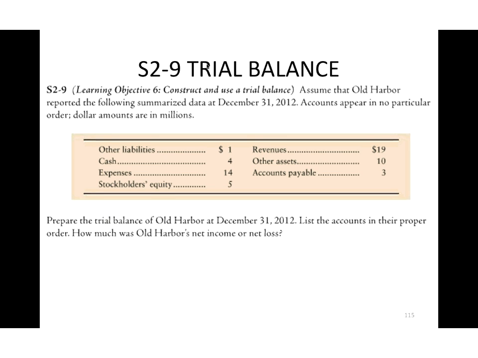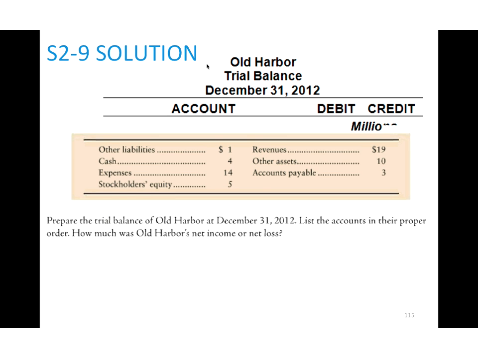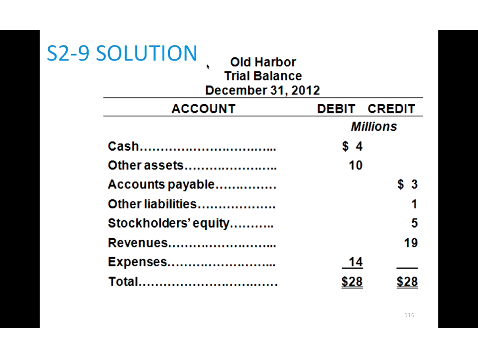Okay, 2.9, I'm not going to go over it right now. Oh, okay, well I will. 2.9, the solution is here. 2.9 is a list of accounts. I just want to show a trial balance. The trial balance lists every account, in order by assets first, then liabilities, then equities, and revenues, then expenses.